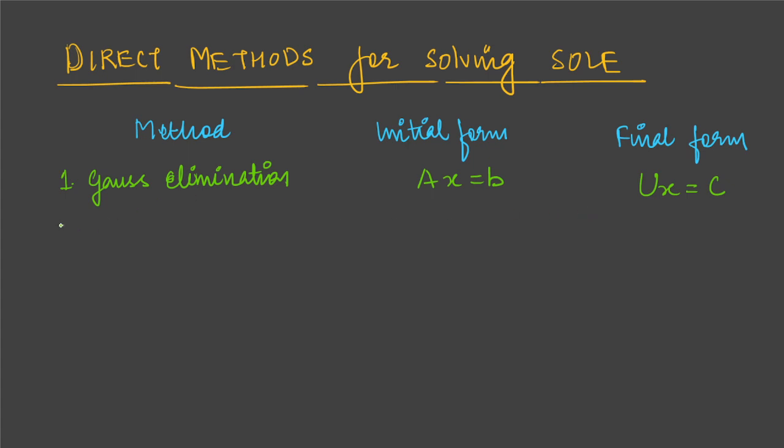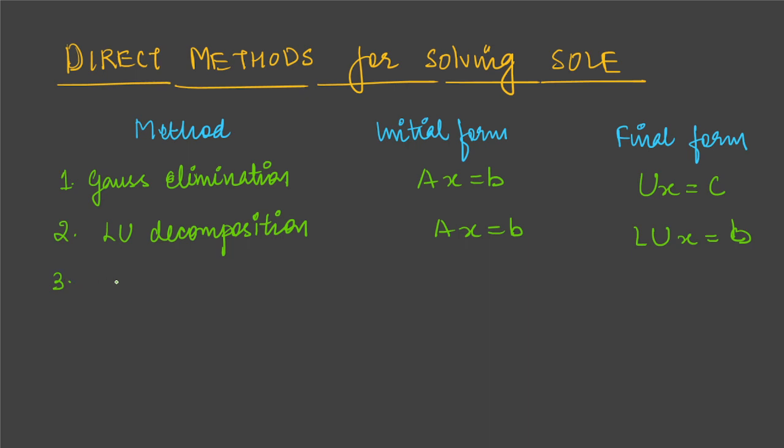Okay, then our second method is LU decomposition. We have the LU decomposition method as well, and here again we have Ax equals b, but the LU decomposition method transforms it into equivalent equations that take the form LUx equals C, or sorry, it should be B. Okay, so we will see how it works.